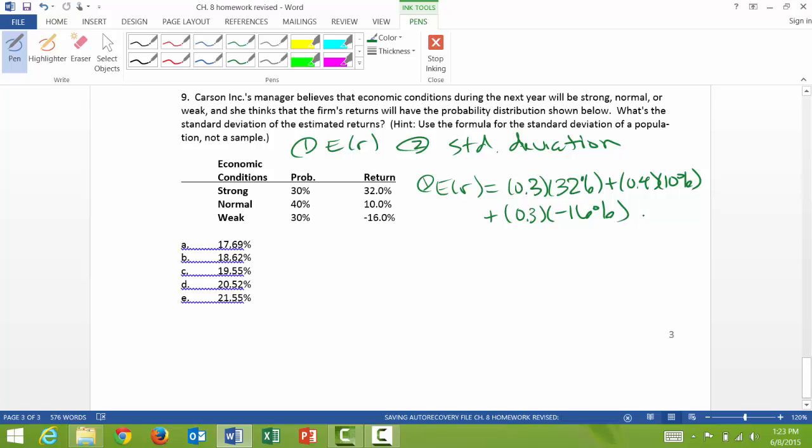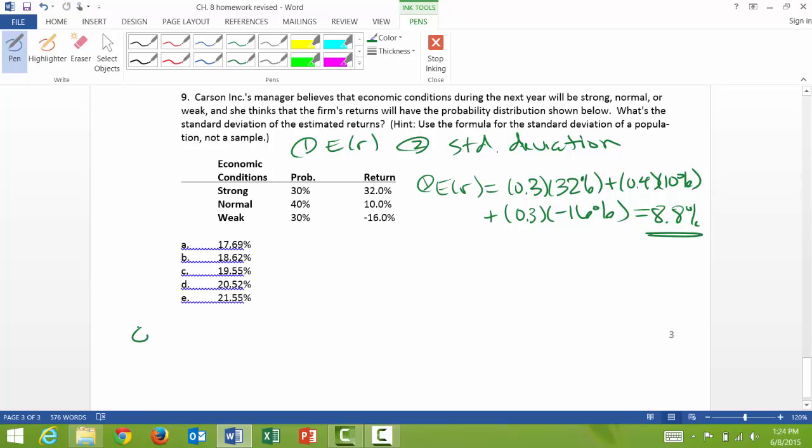Okay, so I'm using my graphing calculator, and I'm going to put in negative 16 for that last number. And so I get this is equal to 8.8%. So you have to have this number first, because for the next part we have to find the standard deviation, and you always have to have the expected return for that.